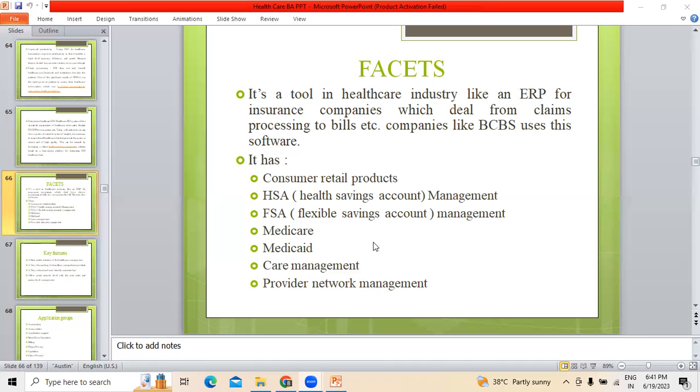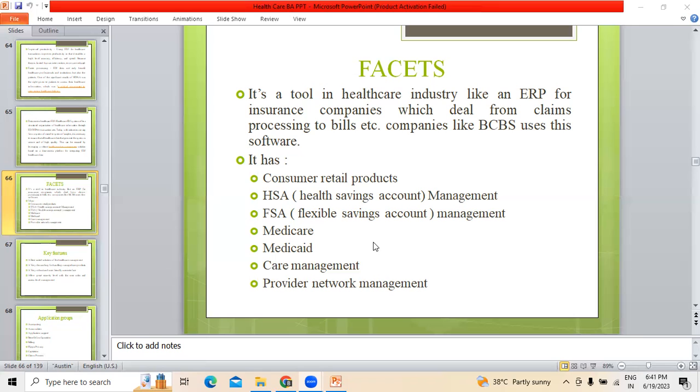Second, there are two things: one is HSA and the second is FSA. You can take a screenshot. HSA is a health savings account management system, which majorly focuses on the health savings of people. At the same time, FSA is the flexible savings account.